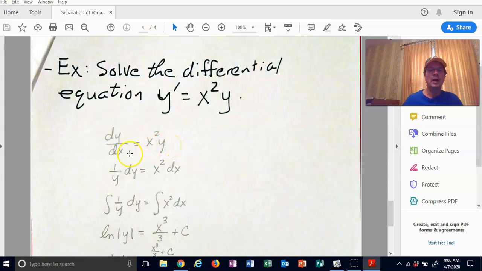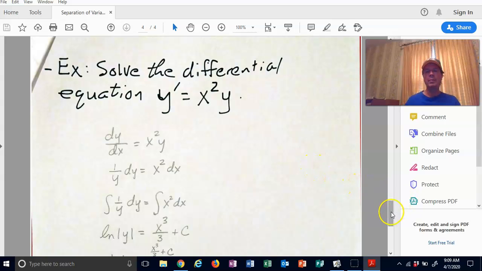So this time I'll multiply both sides by dx to bring it over with the x squared, and then divide both sides by y, or multiply both sides by 1 over y. If you do, you get the y stuff with the dy's and the x stuff with the dx's. All right, so now we've separated all the y's and x's.